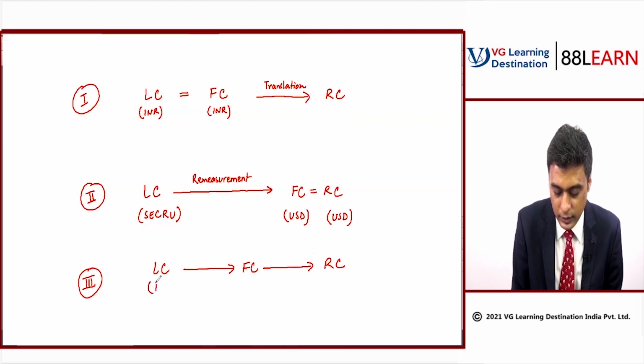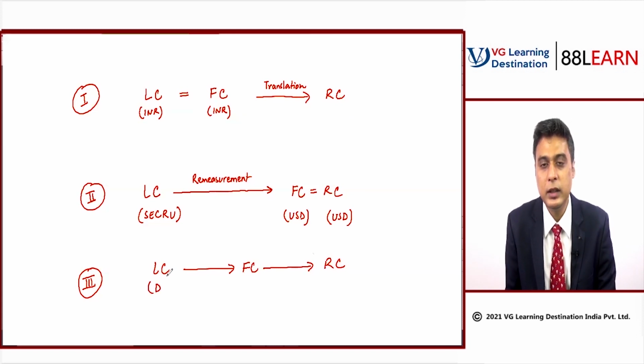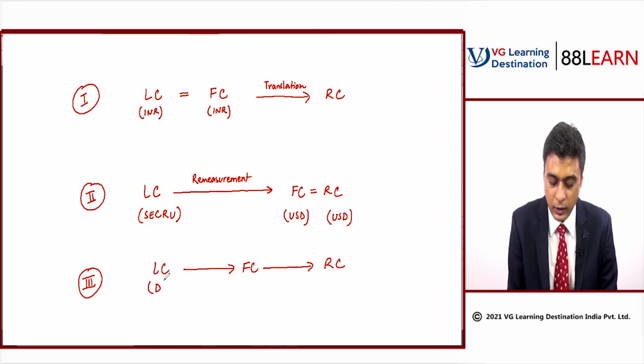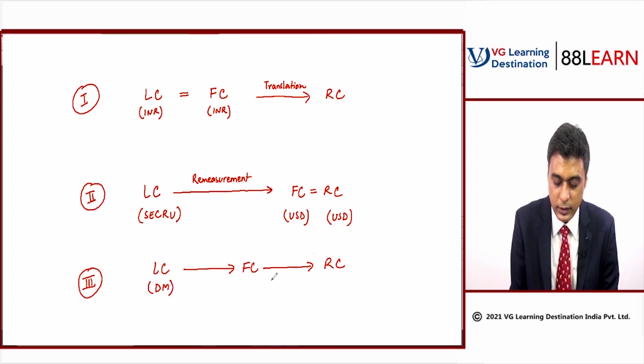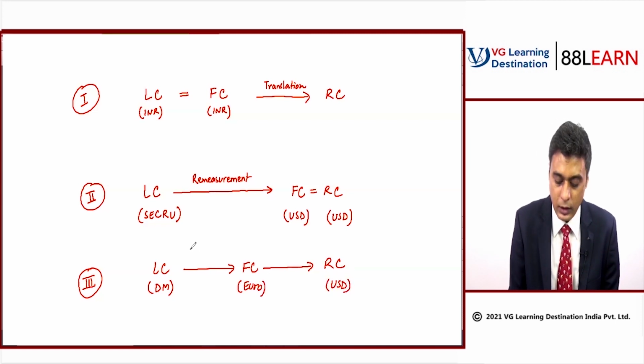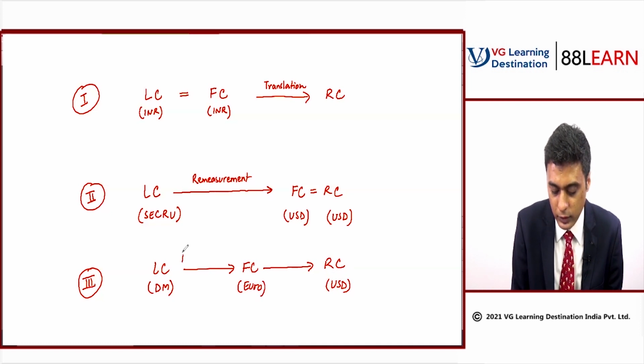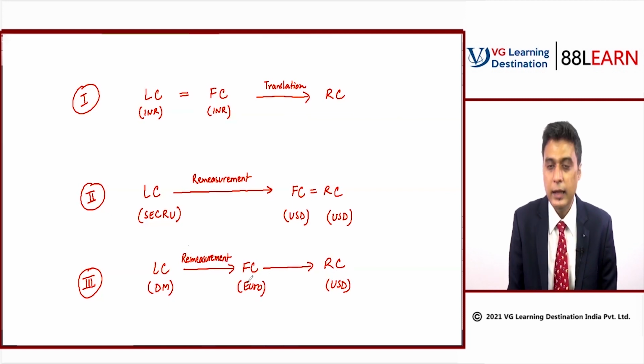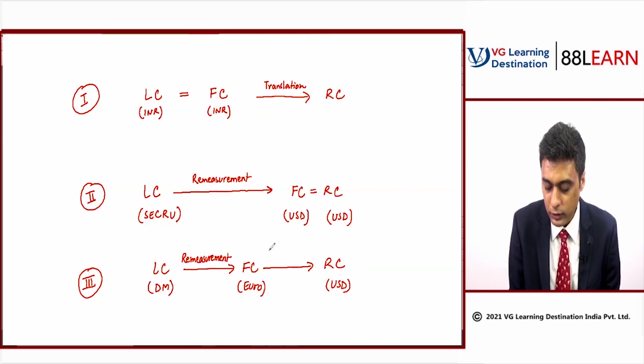Again hypothetically, because in Germany I think they have scrapped the Deutsche Mark and now Euro is the currency. But let's say the Deutsche Mark is the local currency, functional currency is Euro, and of course, reporting currency is USD. So here we are going to take both steps. First, we are going to convert from local to functional using remeasurement, and then we are going to go from functional to reporting using translation.